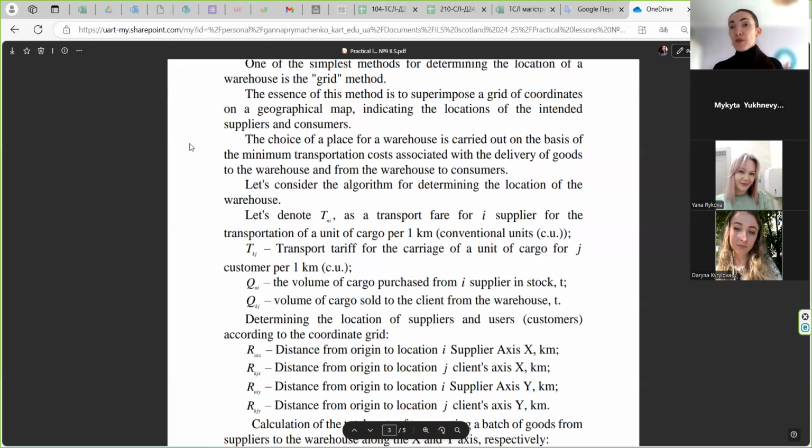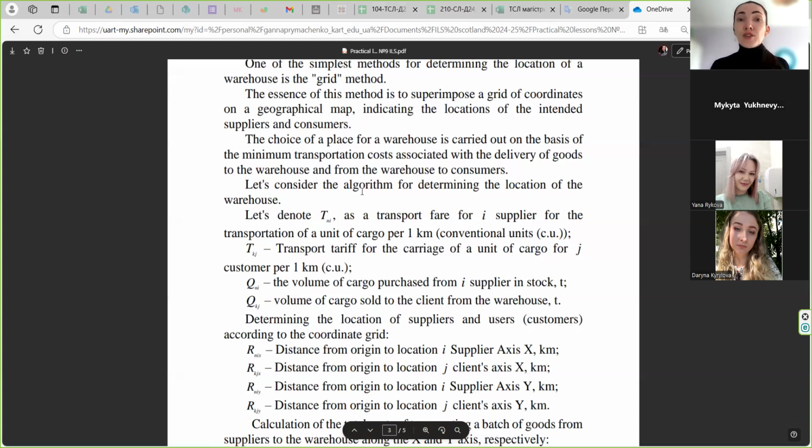So today we write a special coordinate area and find where our three suppliers and our three customers are located, and we can look at this surface. The choice of a place for a warehouse is carried out on the basis of the minimal transportation costs associated with the delivery of goods to the warehouses or from the warehouses to customers.